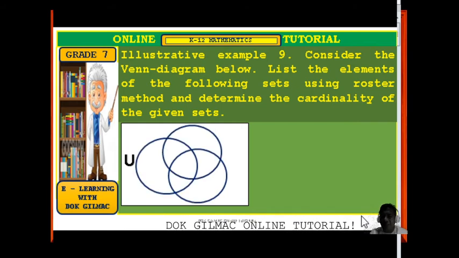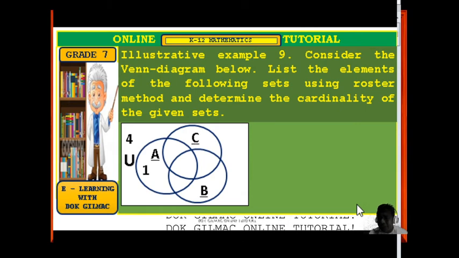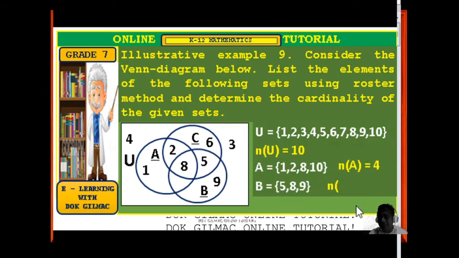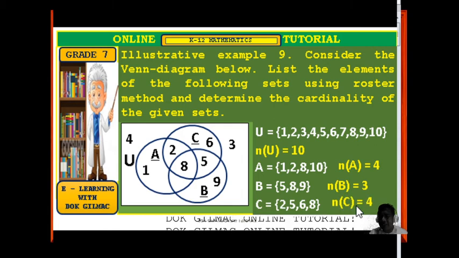Again, we have 3 sets here: A, B, and C. If you take a look at this Venn diagram, all of the elements of A, B, and C belong to the universal set, 1 up to 10.